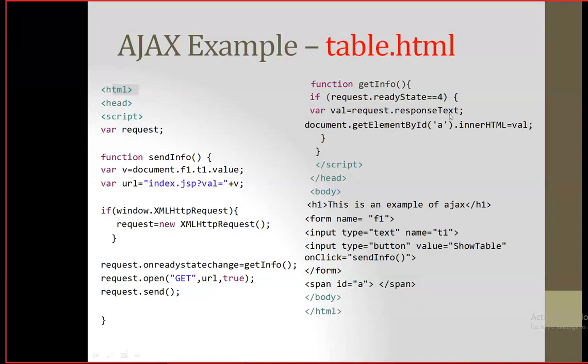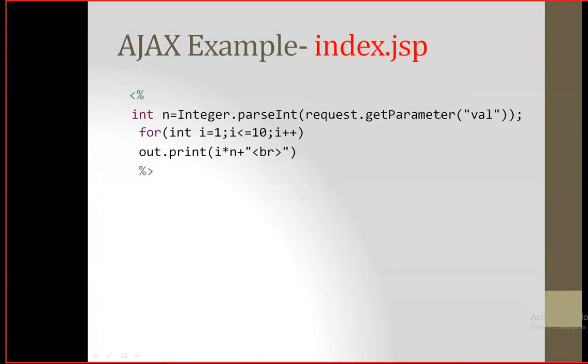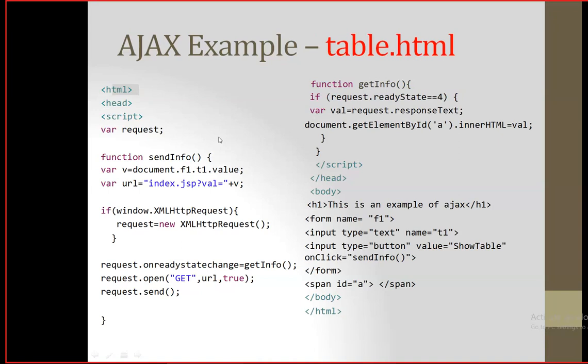With the responseText, whatever we computed, the table of 5, is placed in this variable, and then we populate the area that we already reserved, that is the span A region. As we generally do in JavaScript, the element which is to be updated is found by the getElementById function.